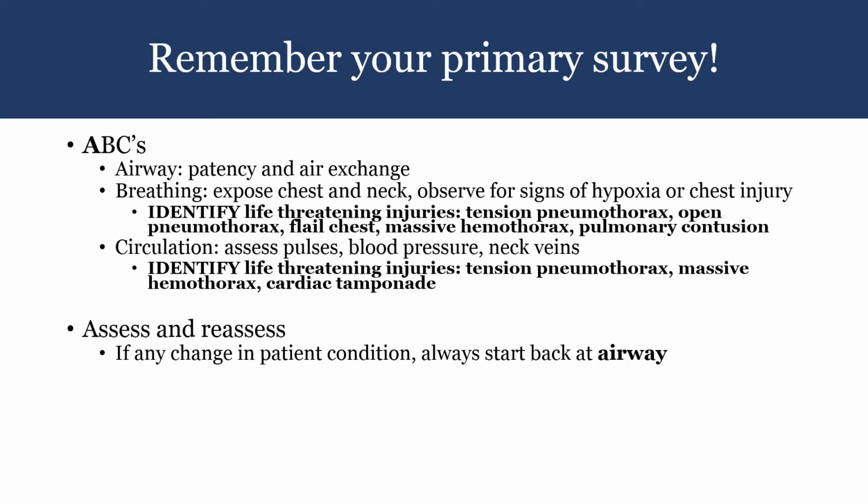And then under C, assess for pulses, assess for blood pressure, assess for neck veins. Under this also, remember to identify life-threatening injuries, which include tension pneumothorax, where you'll have a decreased blood pressure, distended neck veins, massive hemothorax, which will also give you a low BP, and cardiac tamponade that also gives you a low BP, distended neck veins, and a high pulse that is trying to compensate for the low blood pressure.